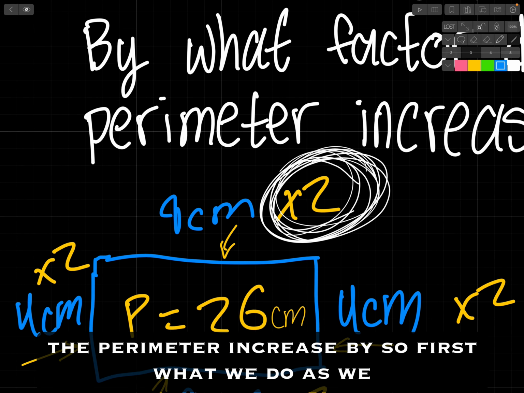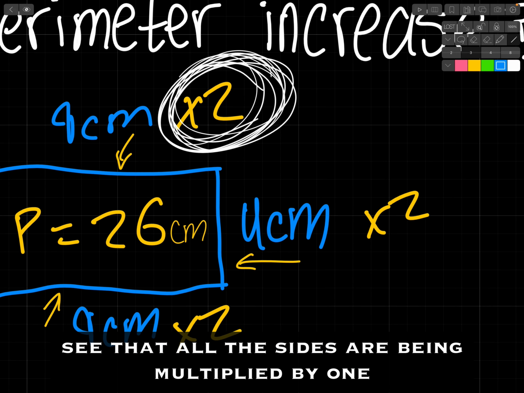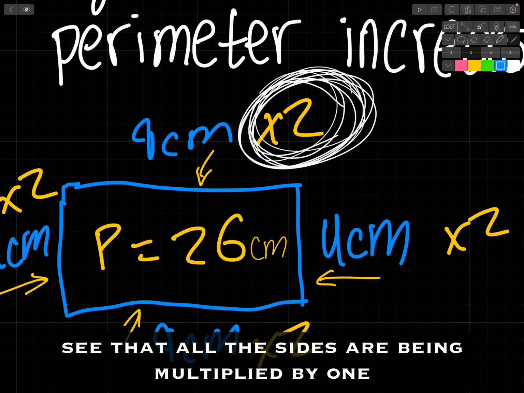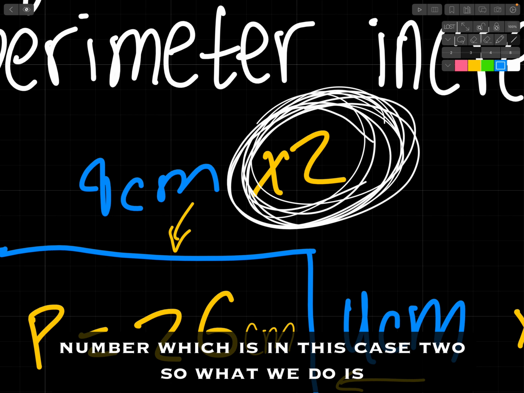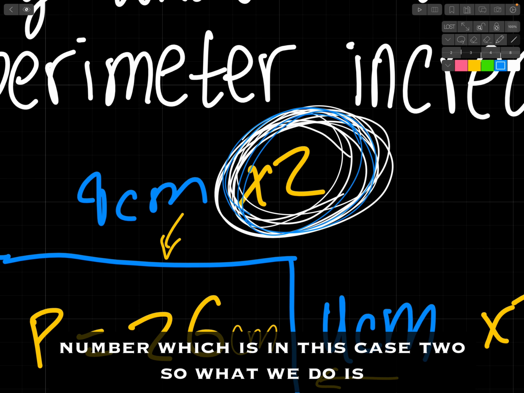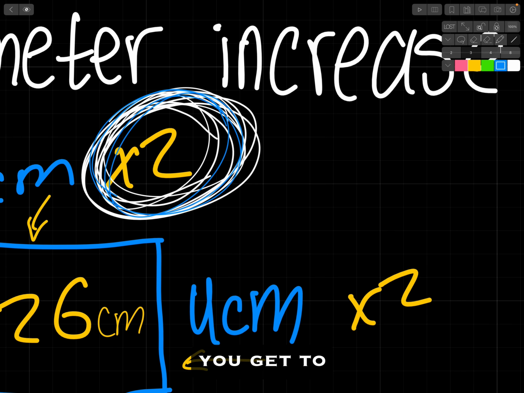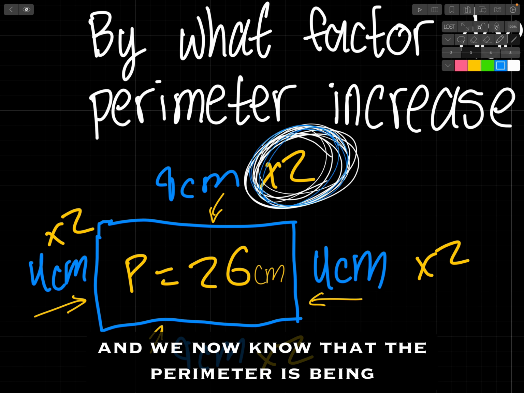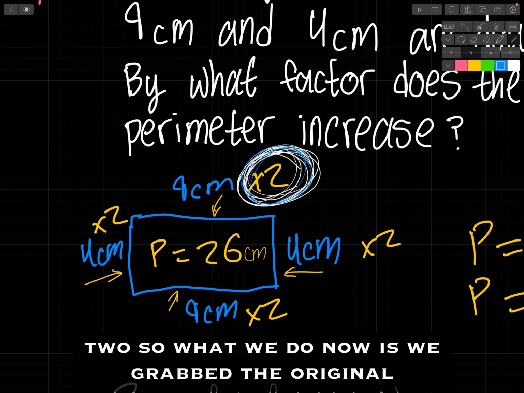First we see that all the sides are being multiplied by one number, which is, in this case, 2. So we now know that the perimeter is being increased by a factor of 2.